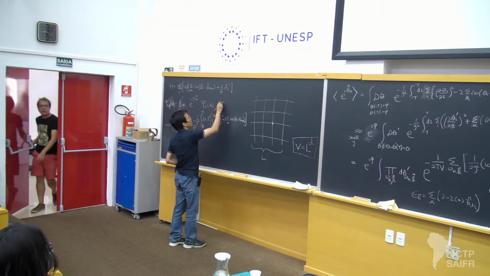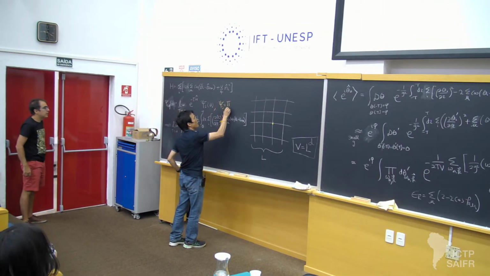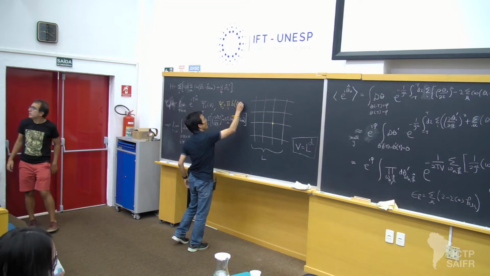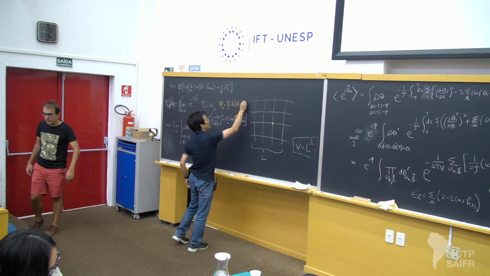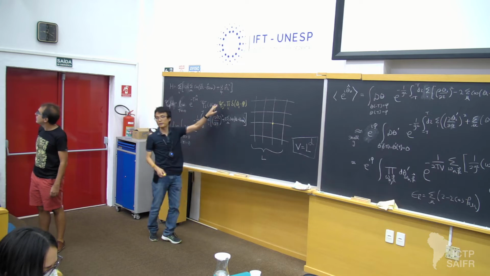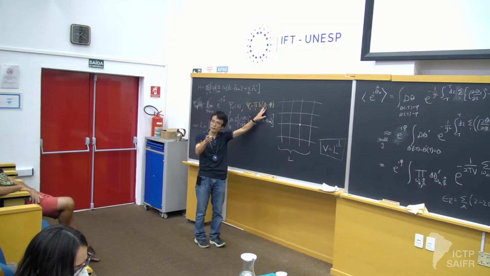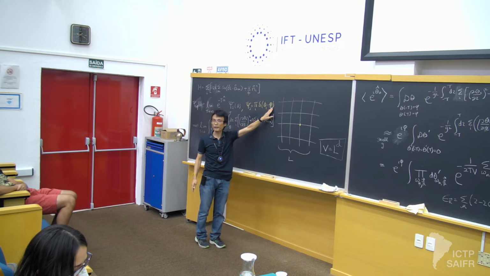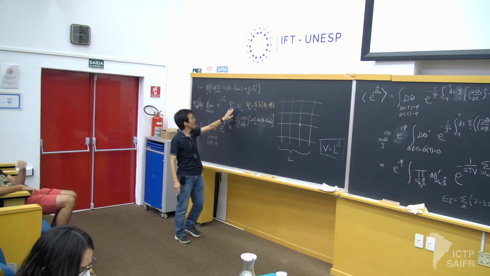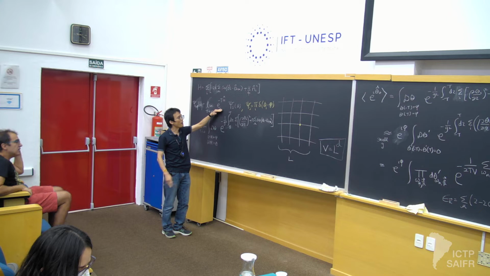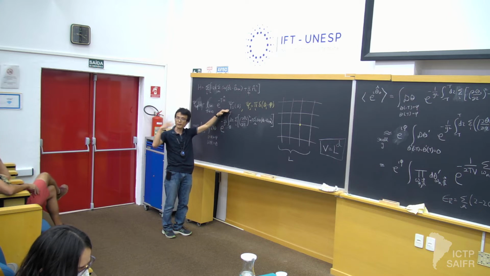So we start from this seed state where all rotors are pointing along direction phi, okay? And then we project out the excited states by applying this operator.